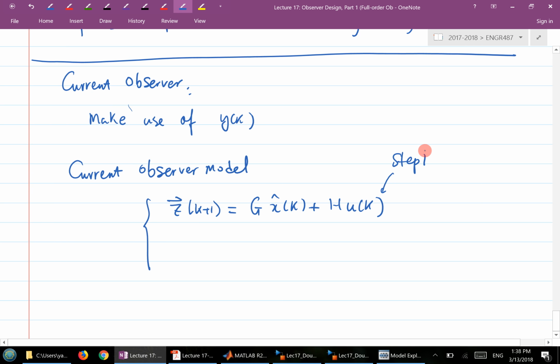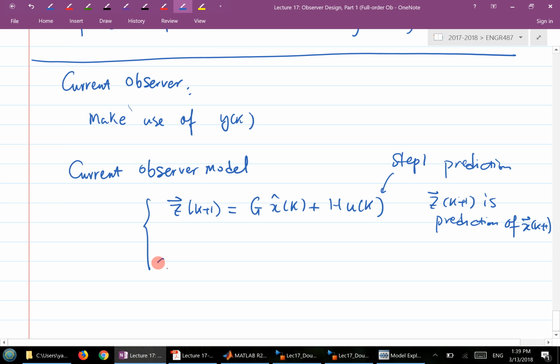If you look at step 1, especially the right side here, it's like the simplest full order observer model I started with, G x hat plus H u of k. I just changed the variable name from x hat to z. What we call this is the prediction: z of k plus 1 is the prediction of x of k plus 1.